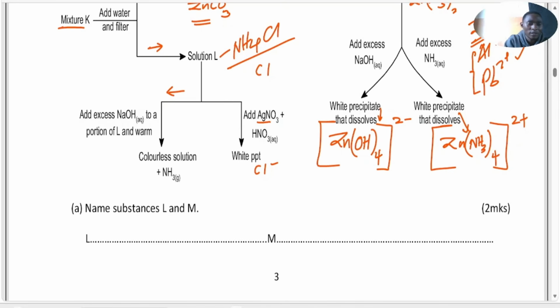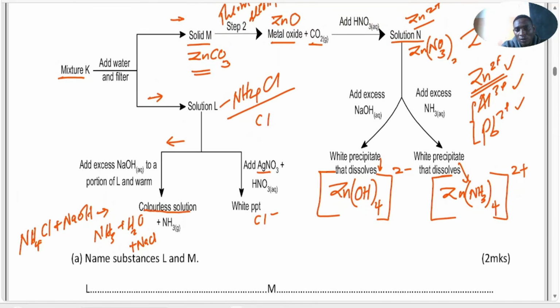What happens is that when I have ammonium chloride and I add sodium hydroxide, we are going to obtain ammonia gas, also water, and at the same time a salt which is sodium chloride, and that is the colorless solution that we are talking about. So with that analysis, I can easily answer the question.